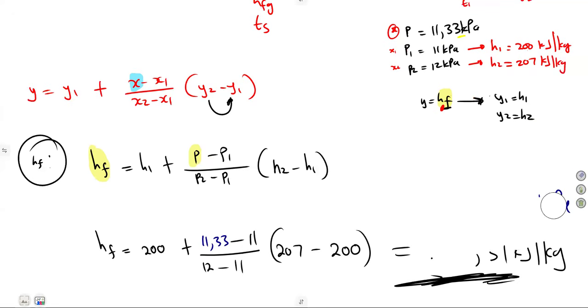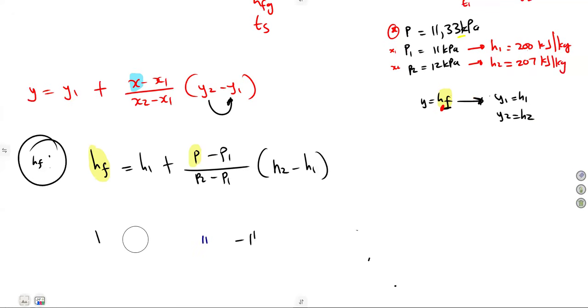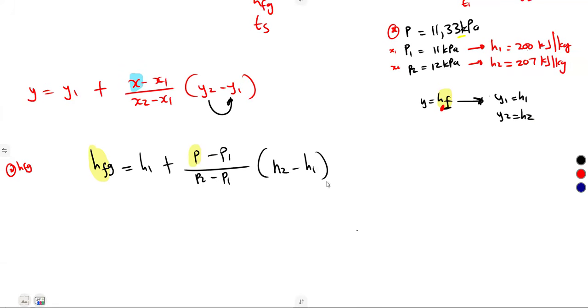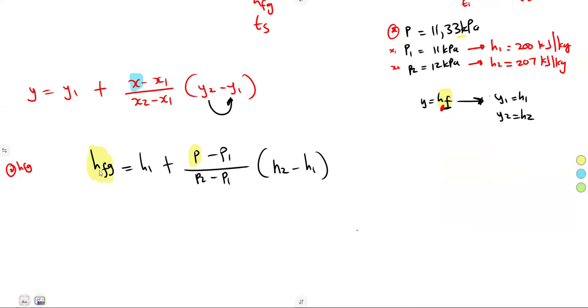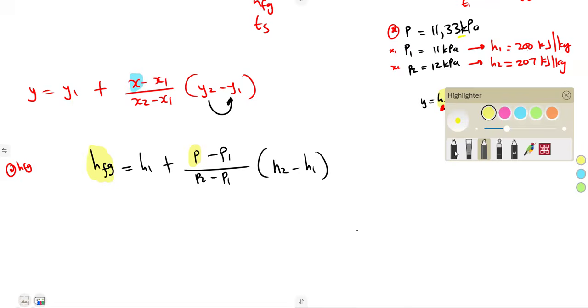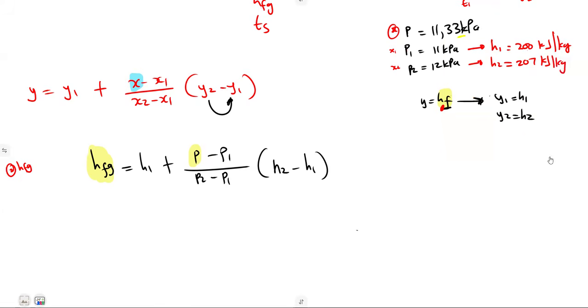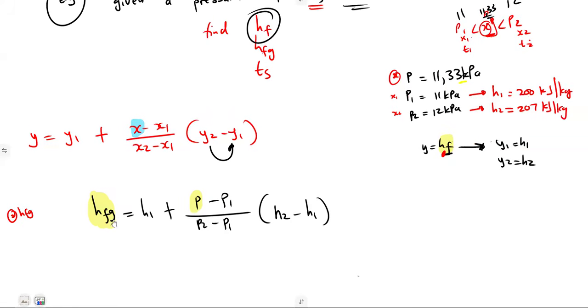All right, so let us consider if it was HFG, the second one. This HF is now HFG. You're going to see that our formula was not going to change, only that you are working with HFG.